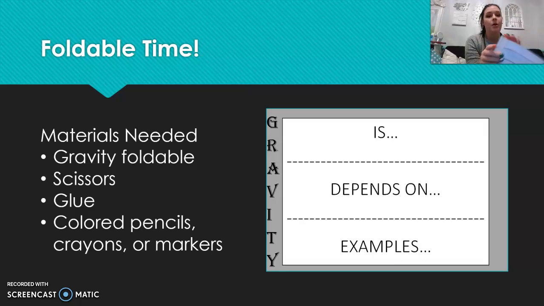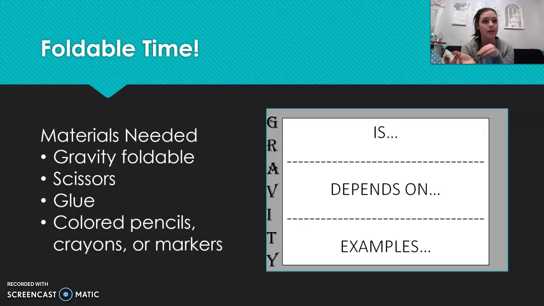So you're going to put, what is gravity? What does it depend on? And then examples, but I also want pictures with those examples. Like a picture of the bowling ball and the softball.